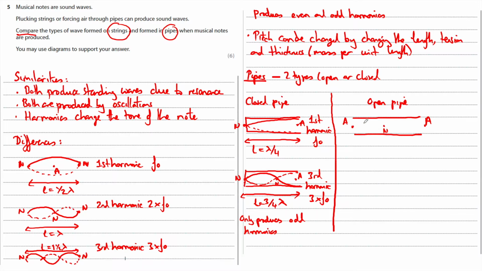So there'll be a node in the middle, and that is 1/4 plus another 1/4, so that is half a wavelength. So that's half a wavelength, just like a string instrument. So first harmonic, and write f0 again because that is the first frequency.